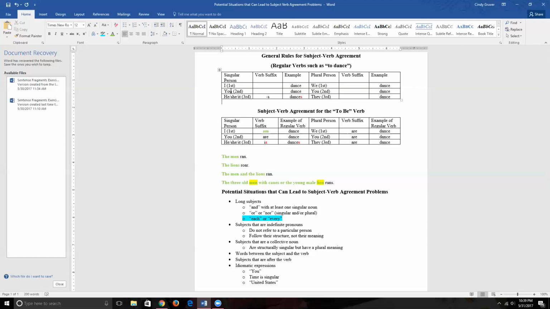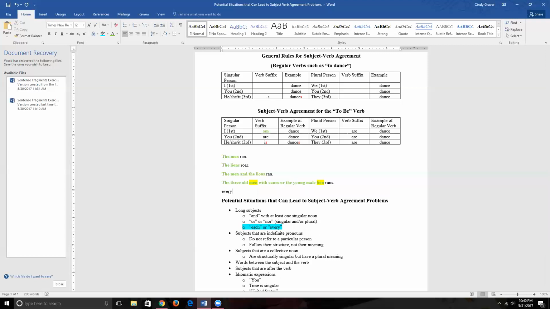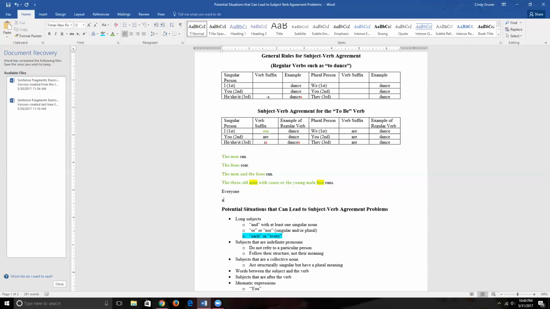That's a definite pronoun. There's another category of pronouns that are called indefinite pronouns, and they don't refer to a particular person. They refer kind of to a generic person. And many of these words end in one or body. So everyone, anybody. So you can hear it in everyone.